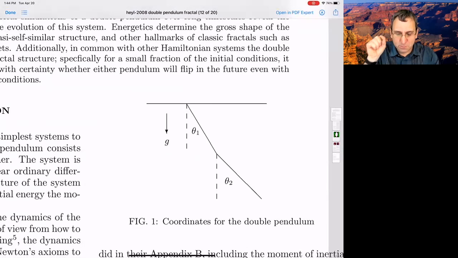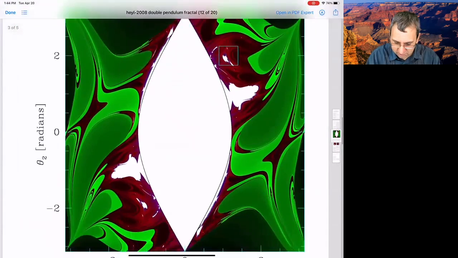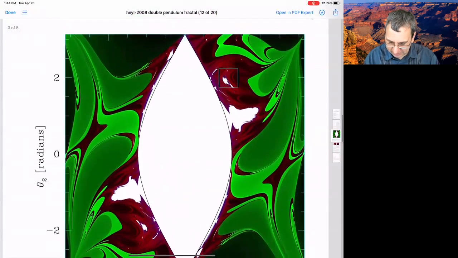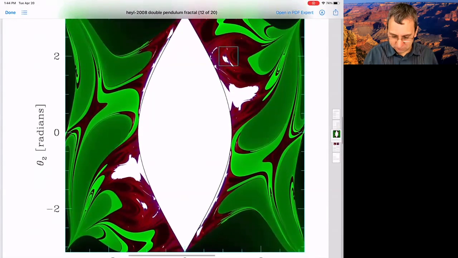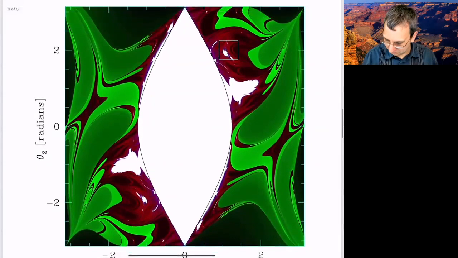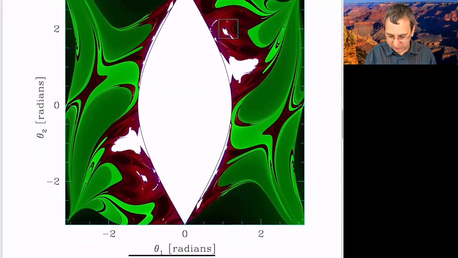Starting from rest, count how many times or how long it takes for this thing to flip over. And then you could represent it as a fractal. Yeah, these colors indicate how long it takes for the double pendulum to flip over. And so this is representing the torus in terms of that kind of unfolding it into the two angles, theta 1 and theta 2.